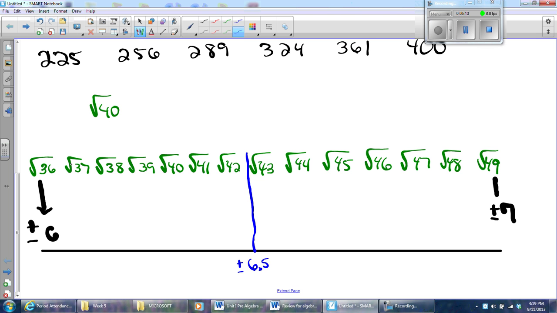I think there are going to be 7 terms here, which means the fourth one is the middle. Now, if this is plus or minus 6, and this is plus or minus 6.5, what's in the middle? That would be plus or minus 6.25. Just to show you what I'm doing, I'm suggesting that the square root of 39 is approximately equal to 6 1/4 or negative 6 1/4.